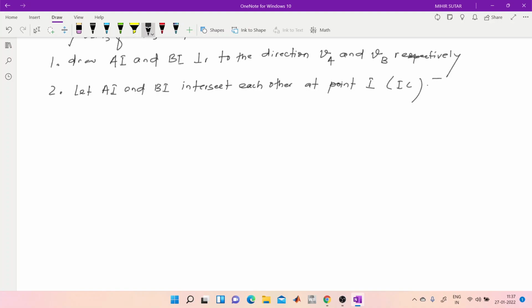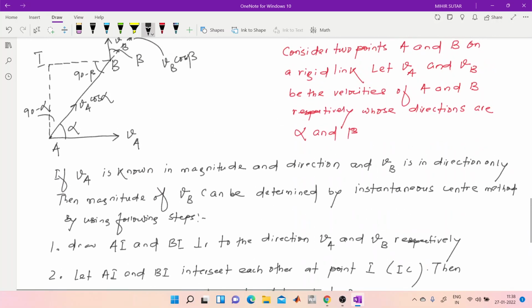Then the complete rigid link is assumed to rotate about this I. Means how did we find this I?